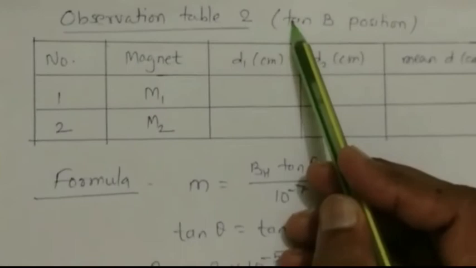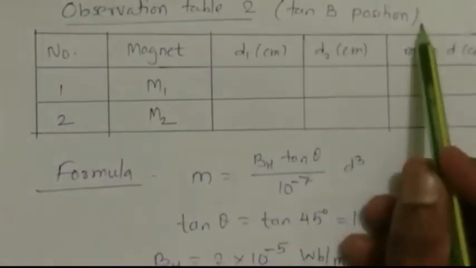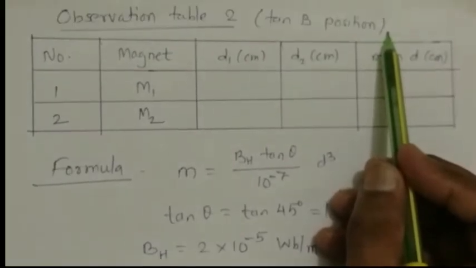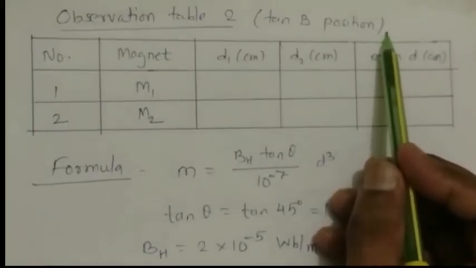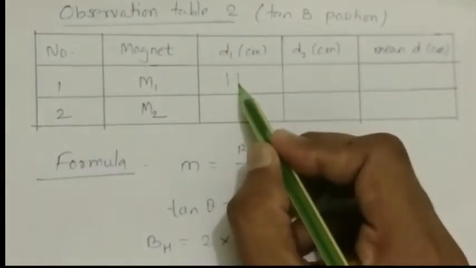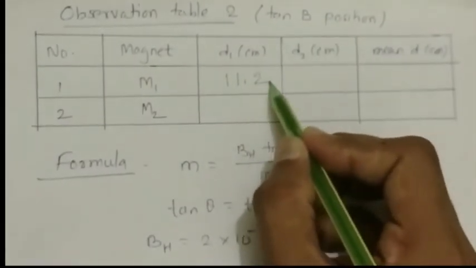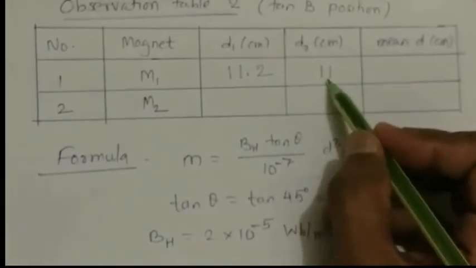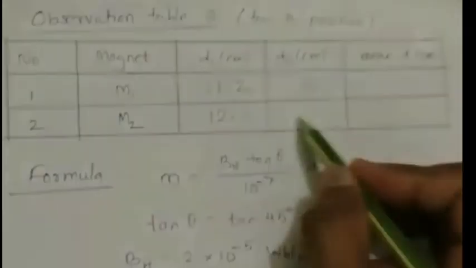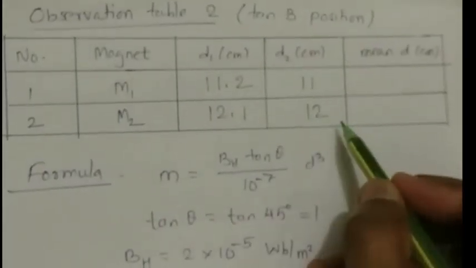Now let's have the observation table for the tan B position, that is when we are moving the magnet perpendicular to the deflection magnetometer. In this case, if we measure, we will get 11.2 and 11 centimeter, and for magnet 2 we got 12.1 and 12 centimeter.